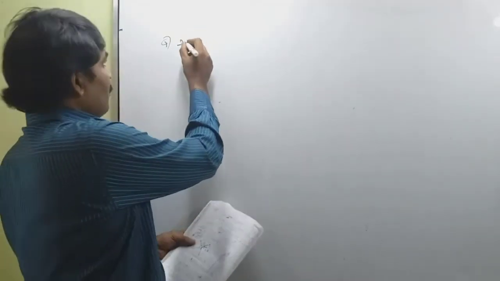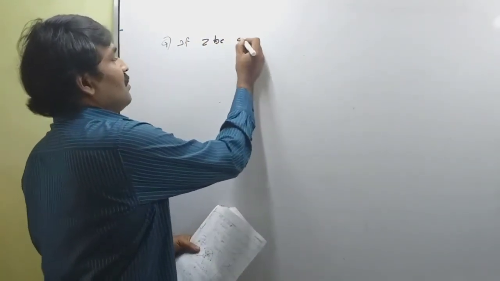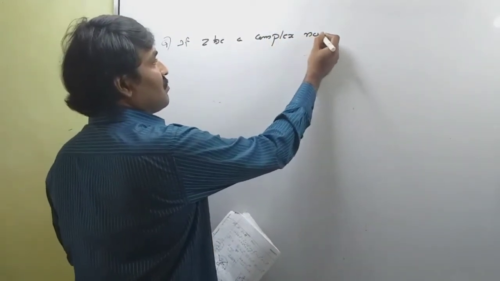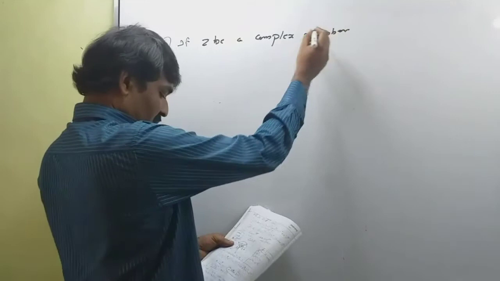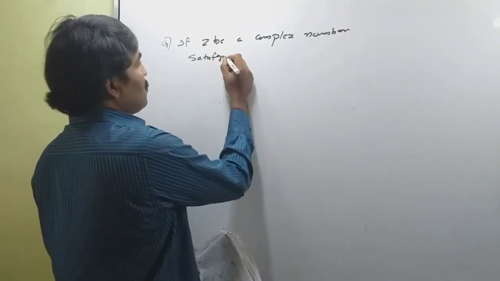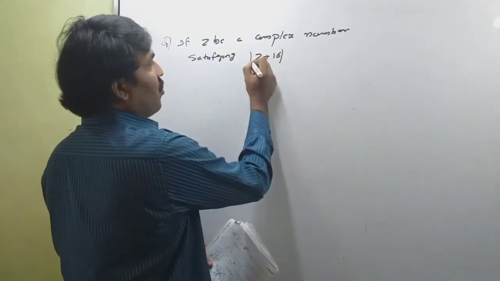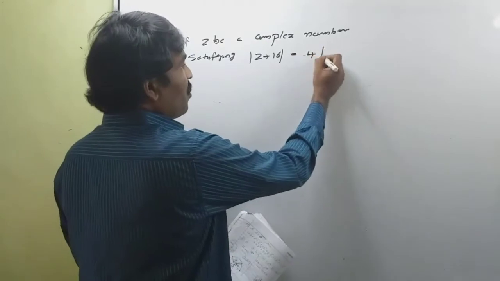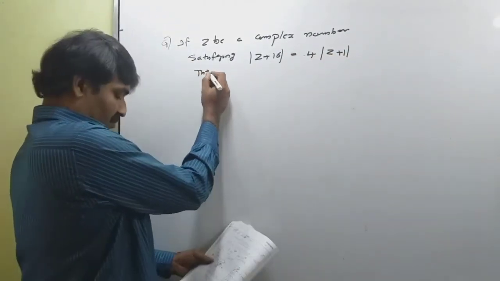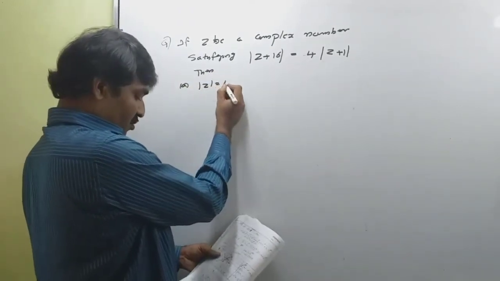If z is a complex number satisfying mod z plus 16 is equal to 4 times mod z plus 1, then choices are given. Choice A, mod z is equal to 4.